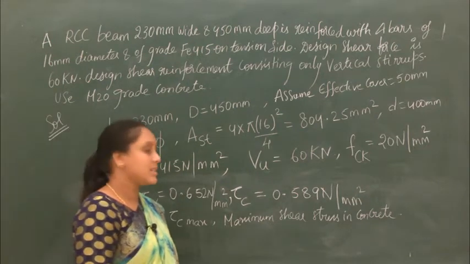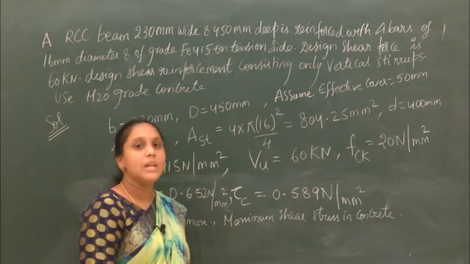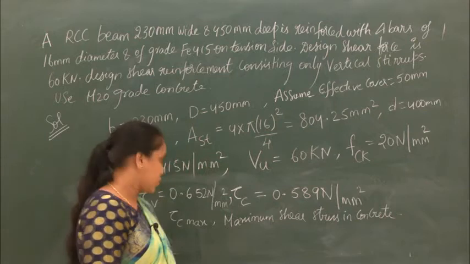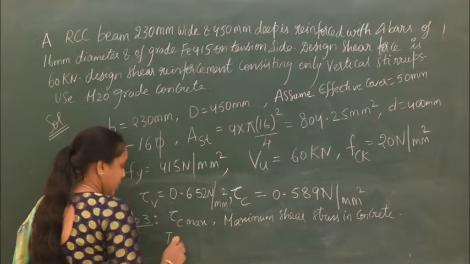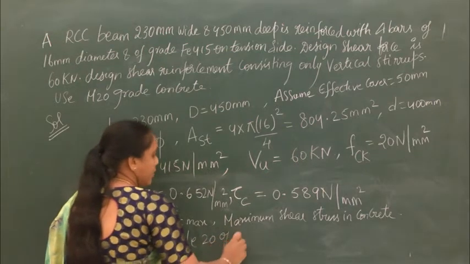So from where can you find out this tau c max? This tau c max can be found out from table 20 of IS 456-2000.